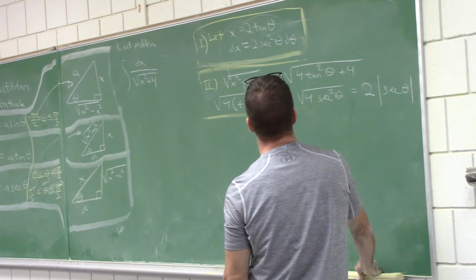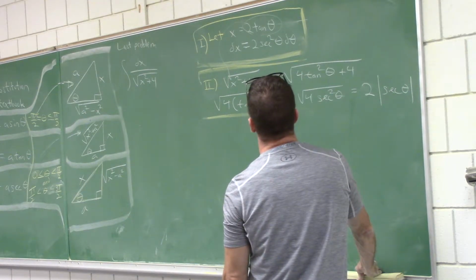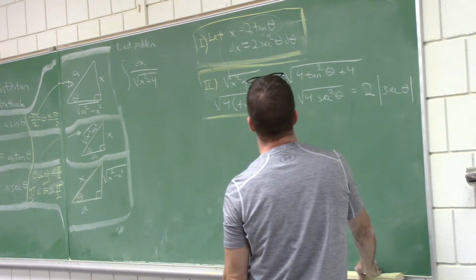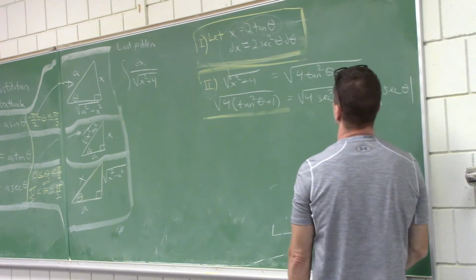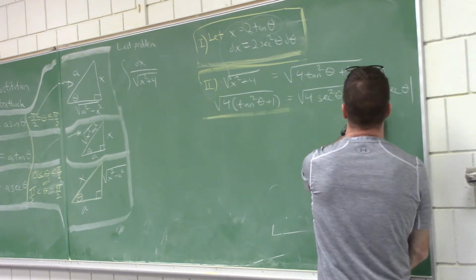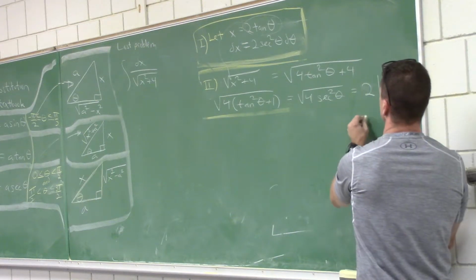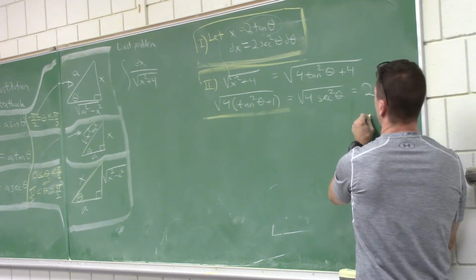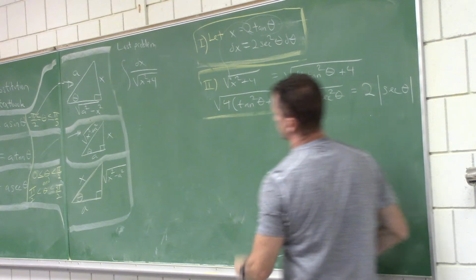I got 4 tan squared theta plus 4. 1 plus tan squared equals secant squared theta. And where is this positive? First and fourth quadrants, right? Cool. So I'll write this again.